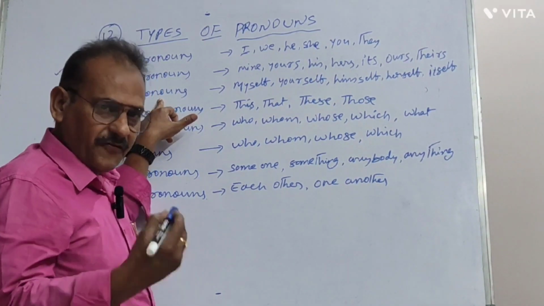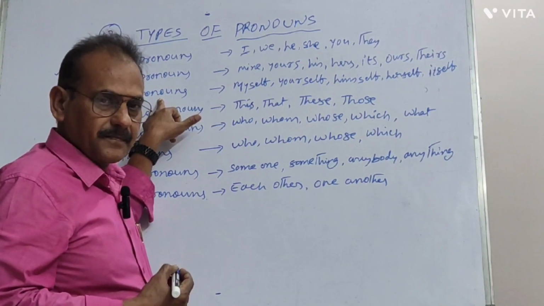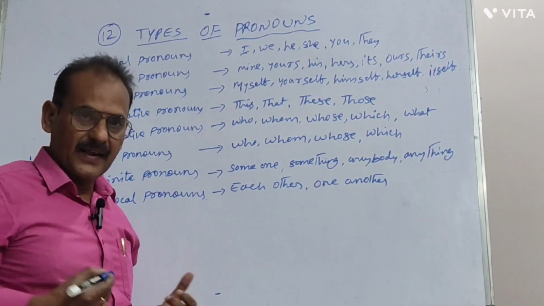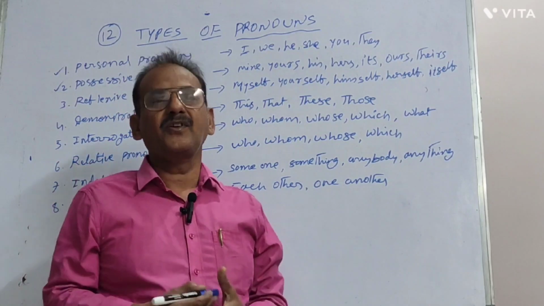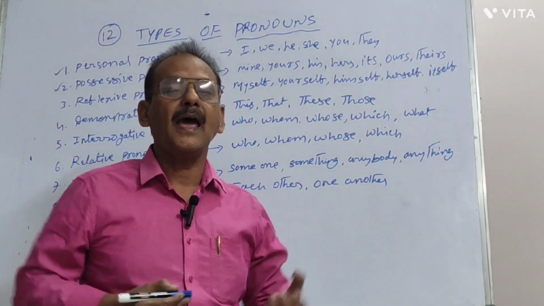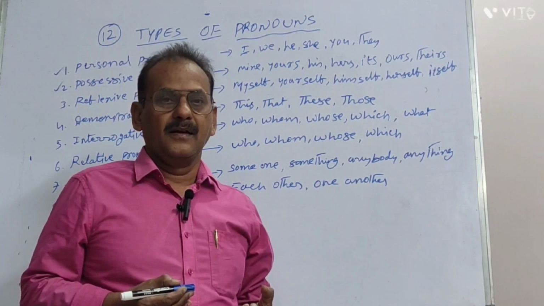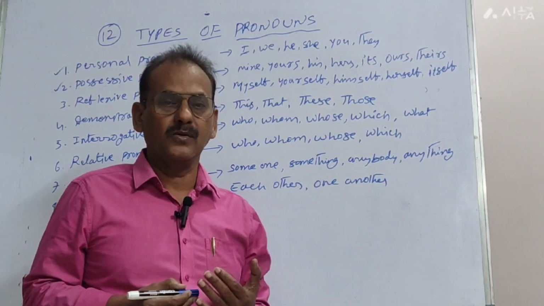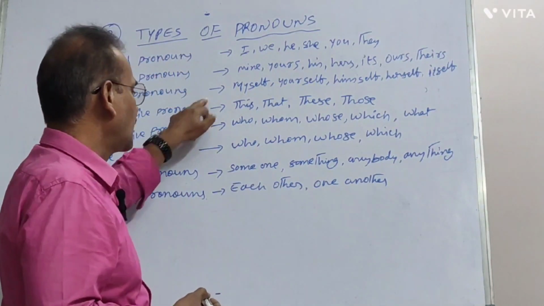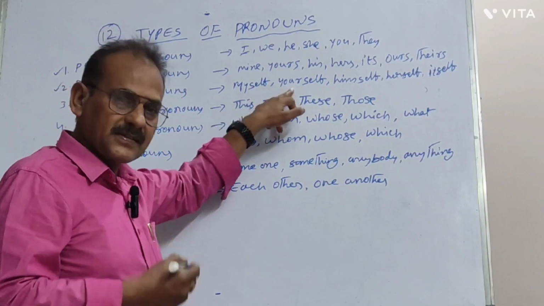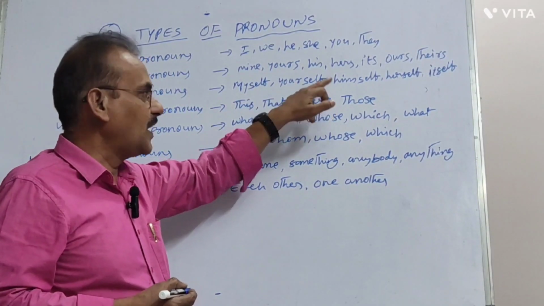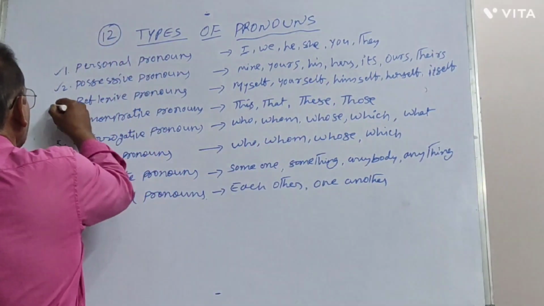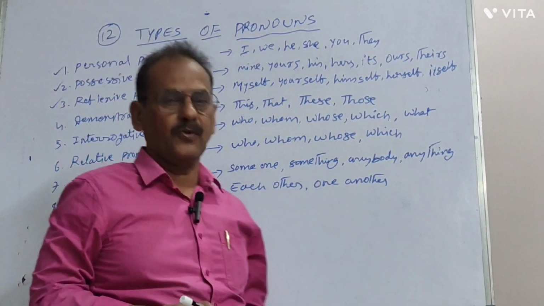Reflexive means the repetition of the pronoun. When we say back about the pronoun a second time, that is called a reflexive pronoun. You see, myself, yourself, himself, herself, itself, themselves. These are the examples of reflexive pronouns.